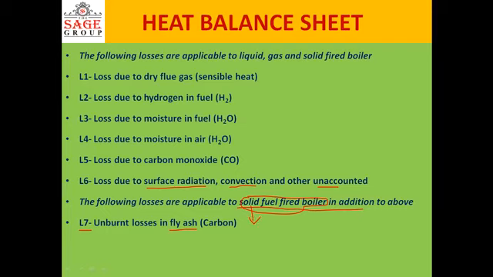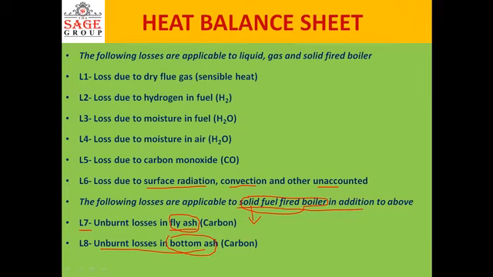That is the carbon. And one more, L8, is the unburned loss in bottom ash. Ash may be of two types, one called fly ash and another the bottom ash. Both are forms of carbon, and they are also losses.